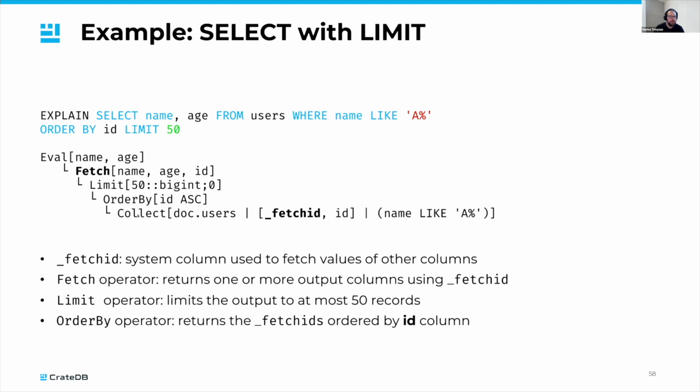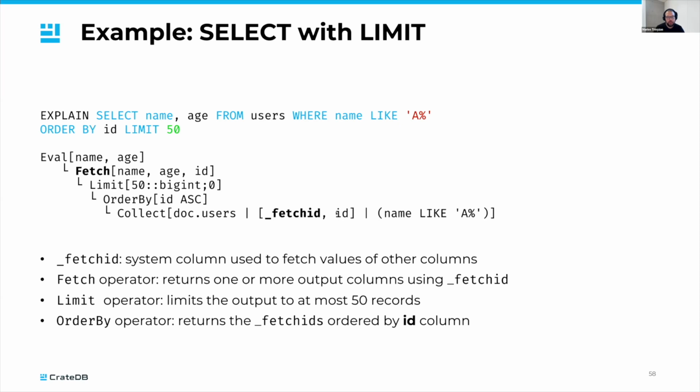So here we still have the collect operator, of course, because we need to get data from table users. We have a query. It's a like operator on the column name. And here we ask for two other columns that may seem a bit weird, but we'll explain right away.